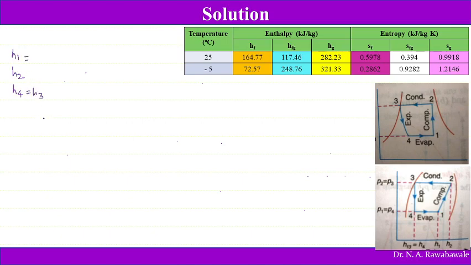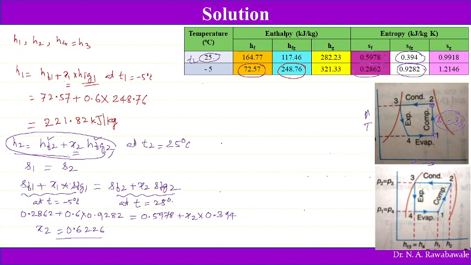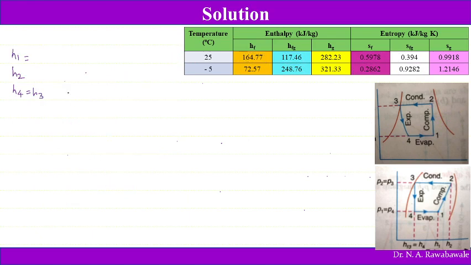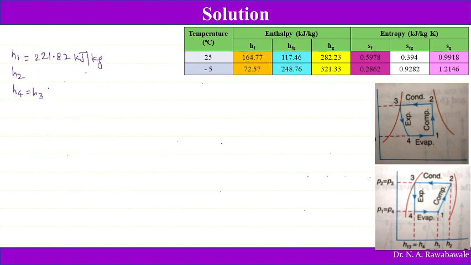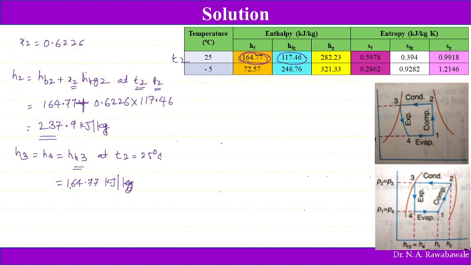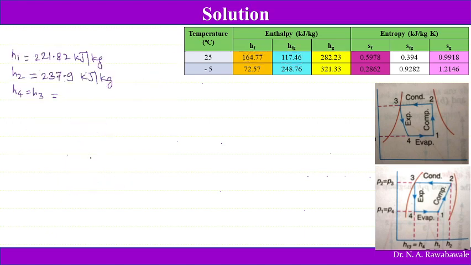The value of H1 which we obtained is 221.82 kilojoules per kg. The value of H2 is 237.9 kilojoules per kg. And H3 we obtained just now is 164.77 kilojoules per kg.